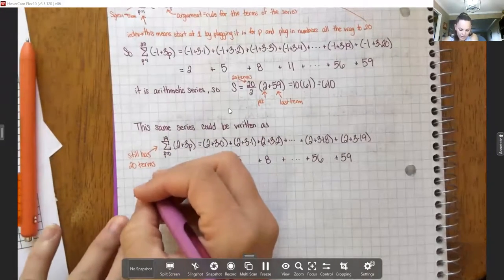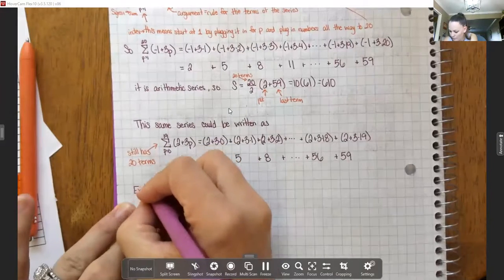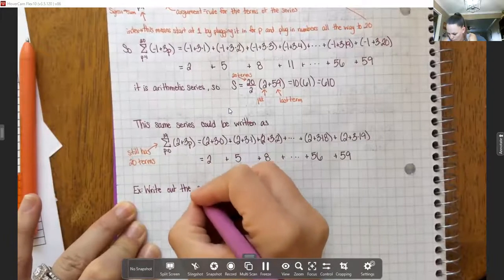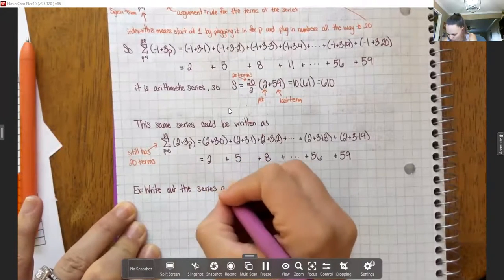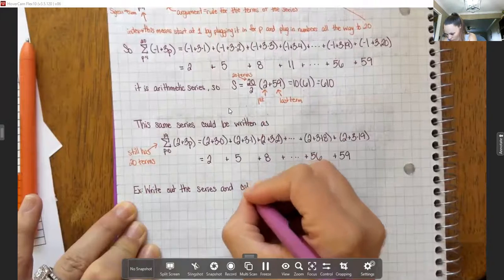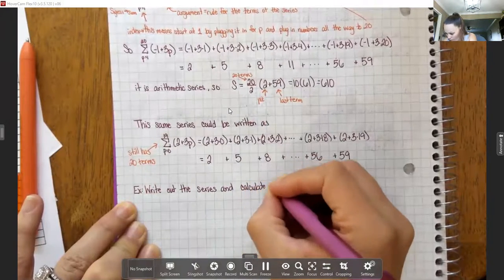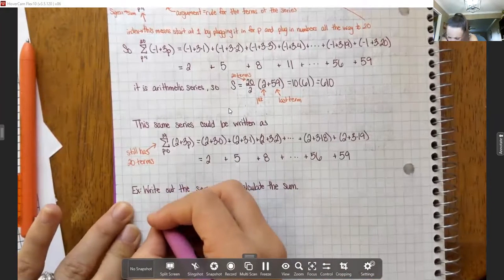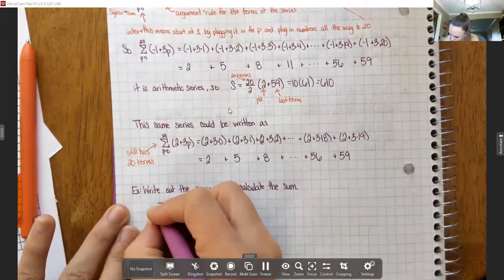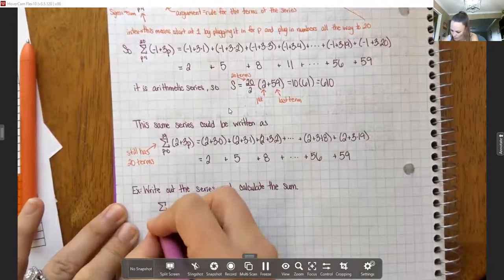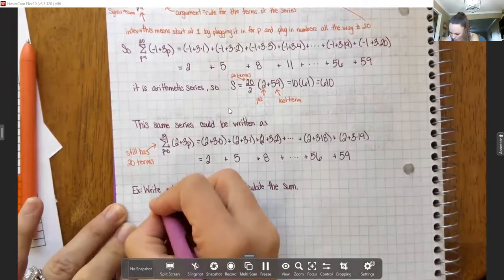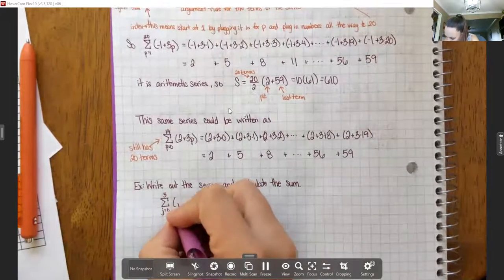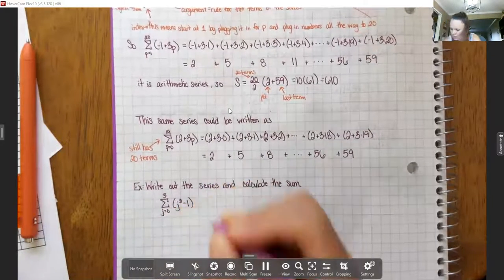So example, write out the series and calculate the sum. So we're going to do the sum when j equals 0 to 5 of j cubed minus 1.